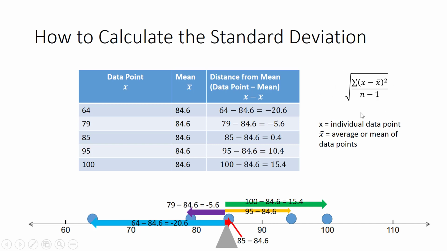Let's look at this equation that we first introduced when we mentioned standard deviation. Which part of this equation have we now evaluated? Well, we found not 1, not 2, not 3, not 4, but 5 different x minus x bars, or 5 different distances from the mean. Let's continue.